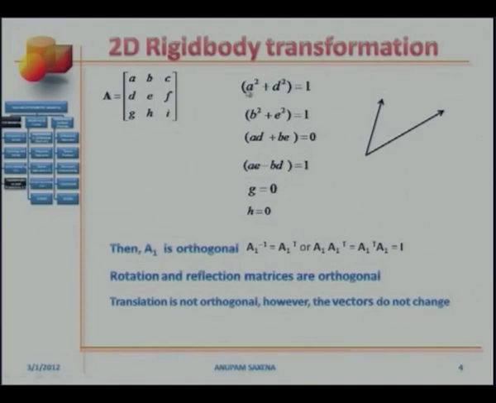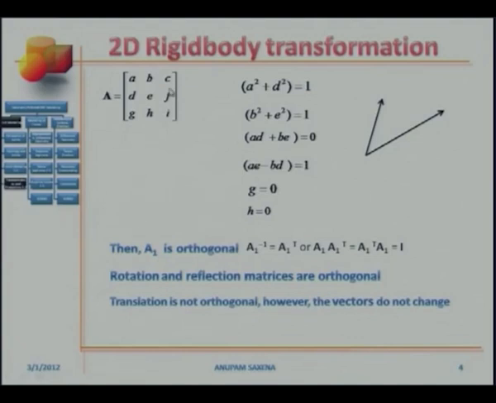Once again, these four conditions relate these four elements of a generic transformation matrix A in 2 dimensions, and we have information about these two elements as well, G equals 0 and H equals 0. We do not have any information on I, and also we do not have any information on C and F. But that's not true if we look at translation matrices.